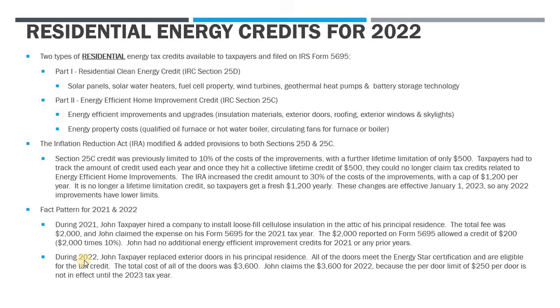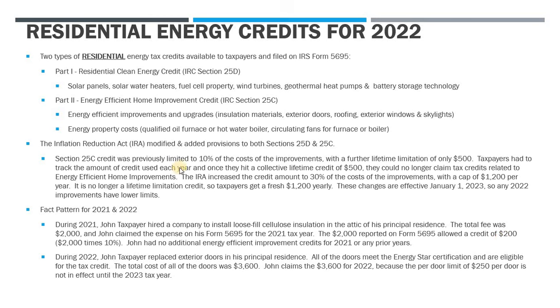The total fee to get this installed was $2,000. So on John's 5695 for the 2021 year, he claimed the $2,000 of energy efficient improvements, and the credit was $200.